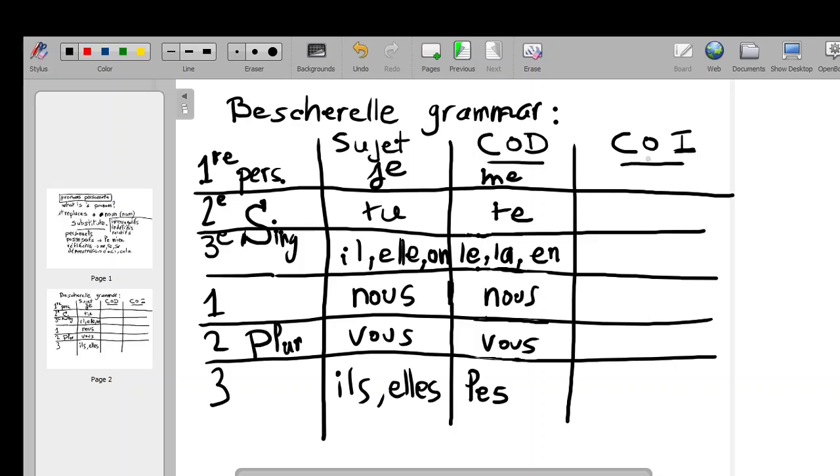Okay, so now if the function is COI, complément objet indirect, you still have me, te, and here you have lui. So le, la, here, if I go back to here, le is for masculine and la is for feminine. Here you have lui, which works for both.